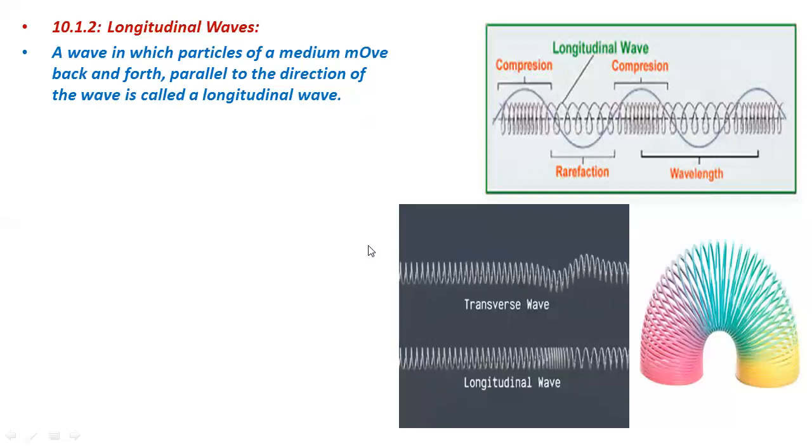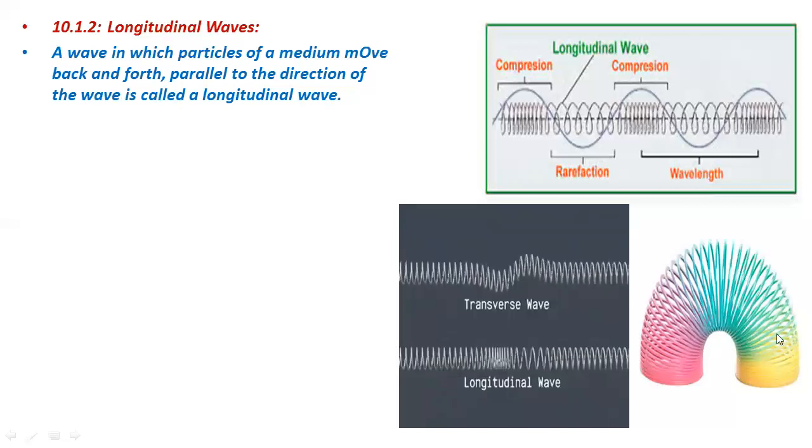Parallel means if the wave is moving from left to right, then the particles of the medium, in this case the medium is provided by the slinky spring. This slinky spring, which is made up of plastic or any metal, provides the medium.